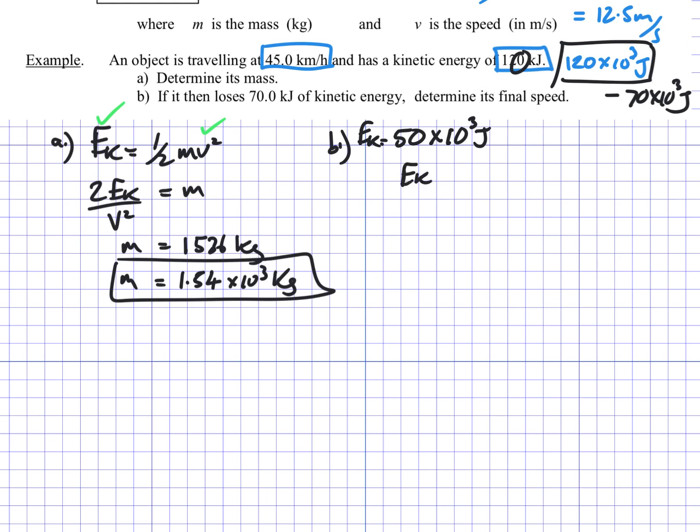I've got my equation, solving for speed, so it's going to be 2EK divided by the mass, and then square rooted. That's going to give me the speed. Let's plug those numbers in, and I get a speed of 8.06, and I need to go to 2 sig figs, so that's going to be 8.1 meters per second.